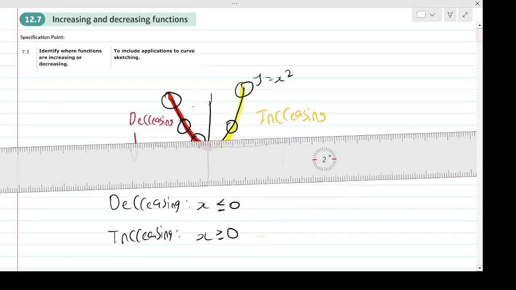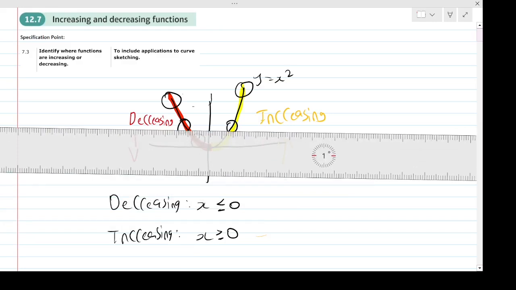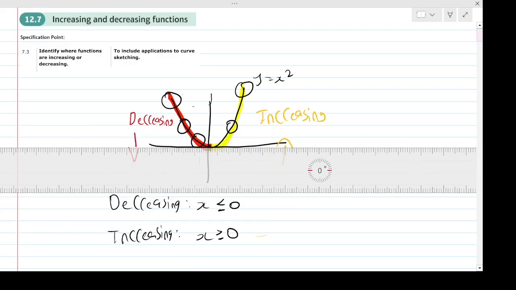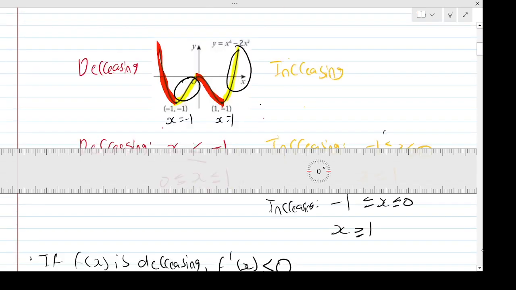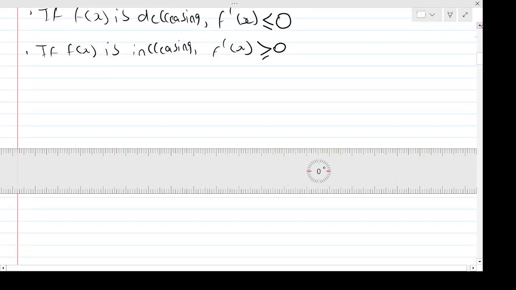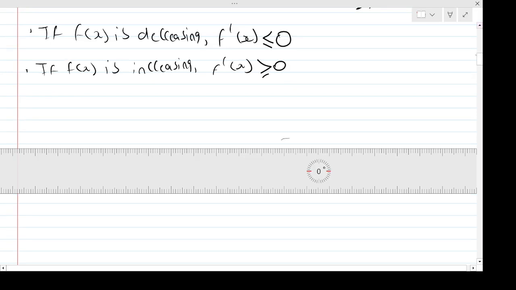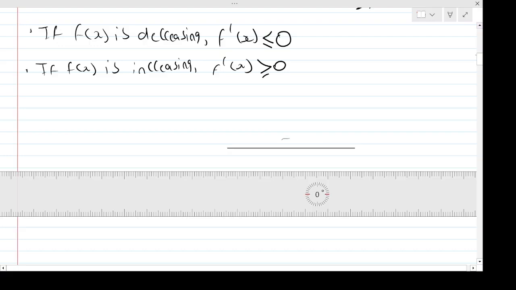We can include points that are neither increasing nor decreasing per se. So we can include if the derivative is 0 as well, if the line is completely flat, okay? Because if it's flat, it's not really increasing or decreasing, so we could have it included, right?